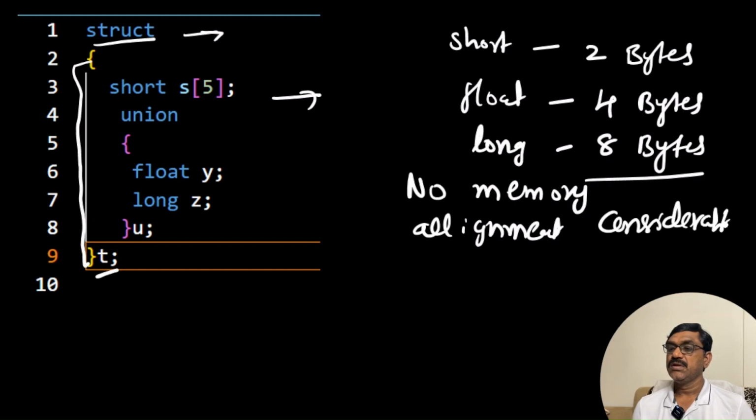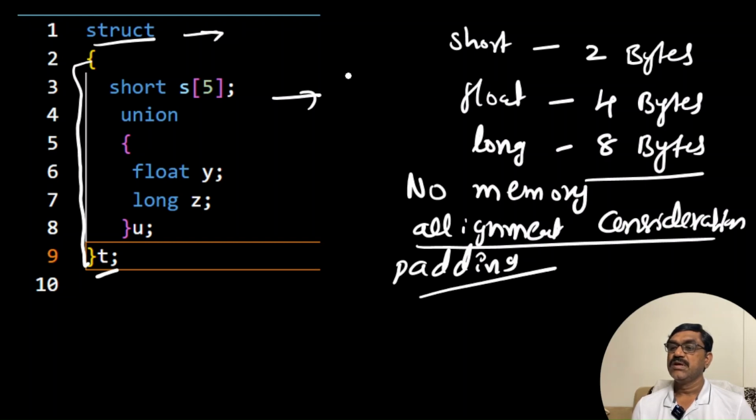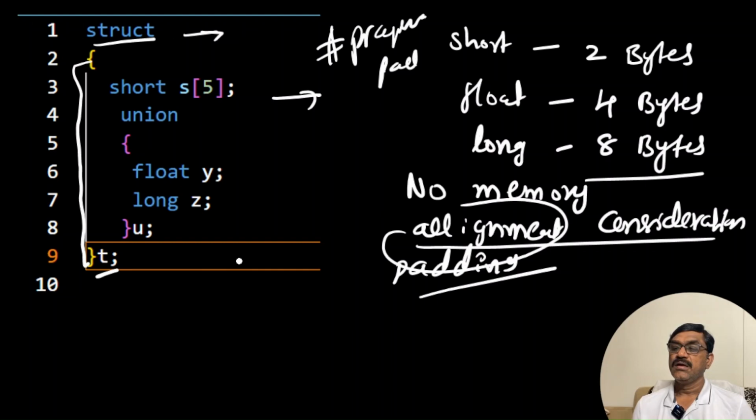What does it mean? That means here we are not going to use the concept of padding. There is no padding. That means we are using this #pragma pack 1. Without considering the padding, they have asked what is the amount of memory allocated for the variable t. What is the total amount of memory allocated for the variable t?